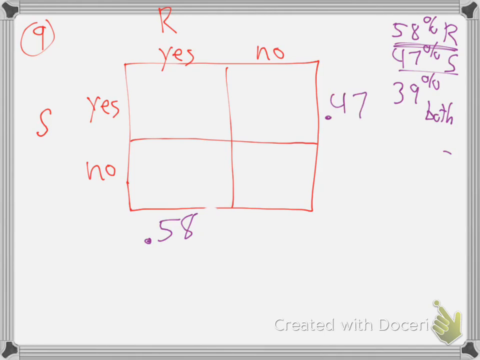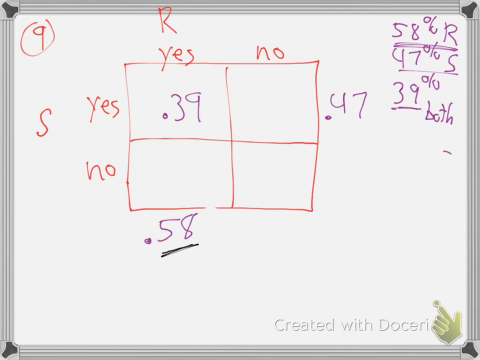That's the total yes for Measure S and the total yes for Measure R. And 39% support both. Where's that go? The yes, yes. The 39% goes right there, they're yes on both. So now we can find the other ones that are missing by subtraction, huh?